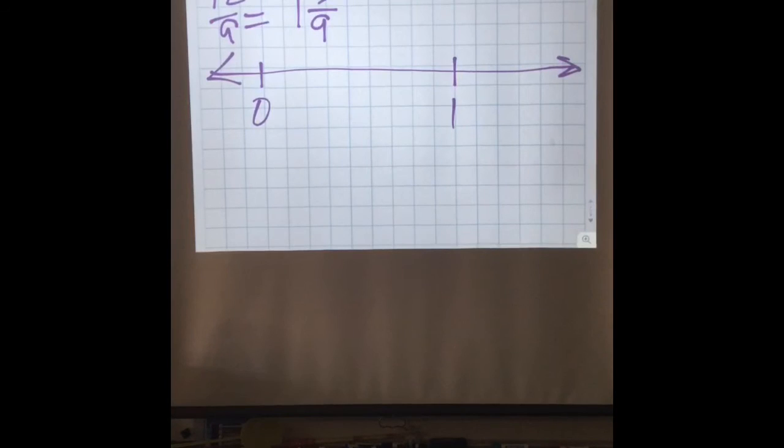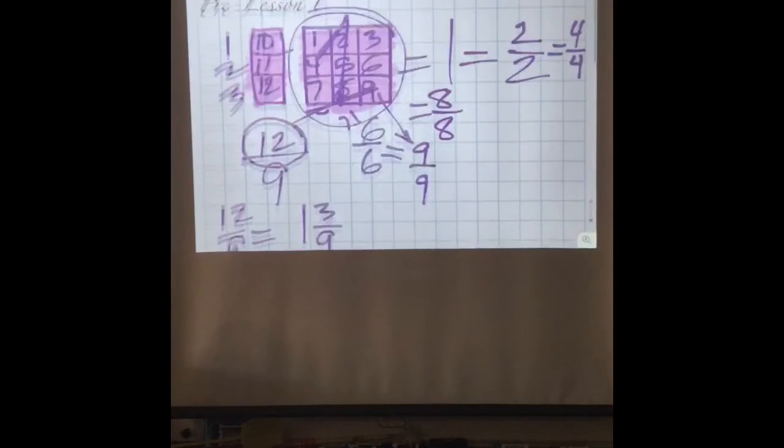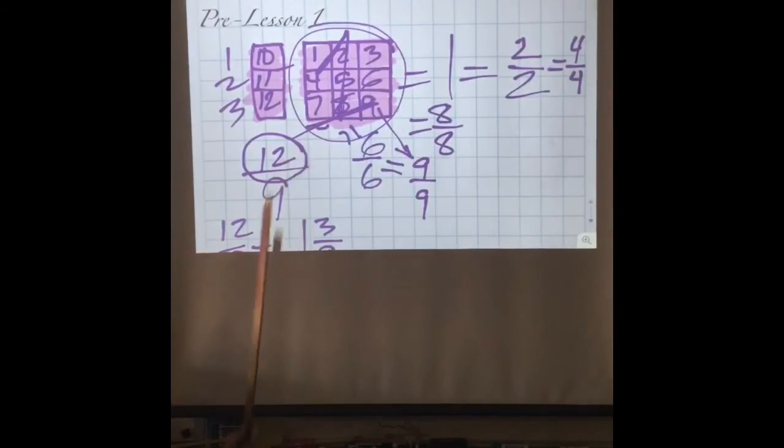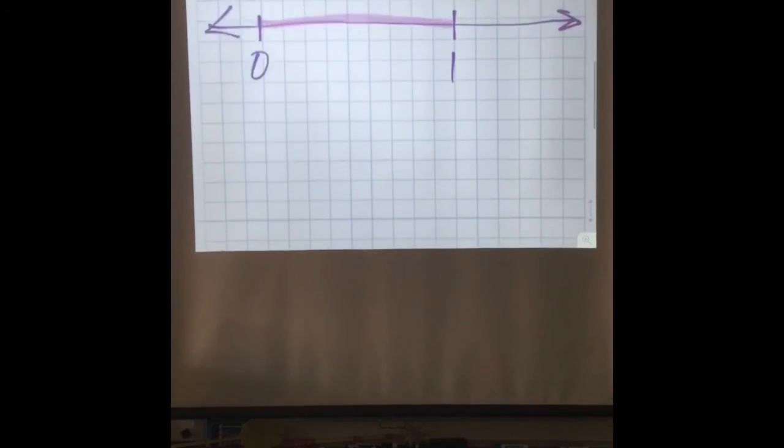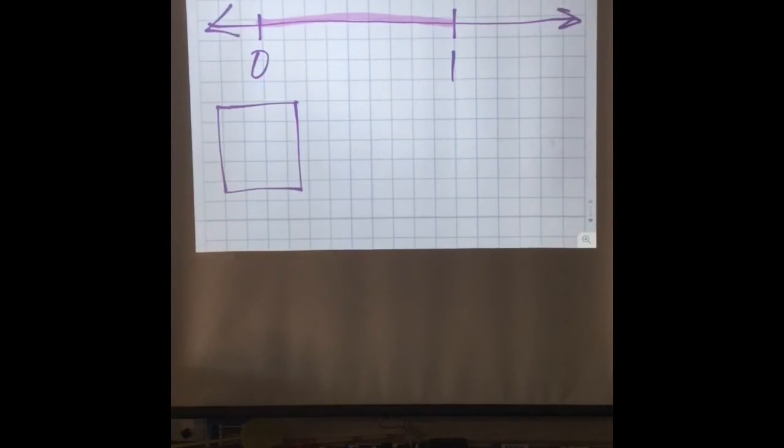Okay, so if I made one line that went from here to here, how would I write this out as a fraction? This is the same as when we started this. Do you want me to redraw it? No problem, can do. What is this? 1 whole.